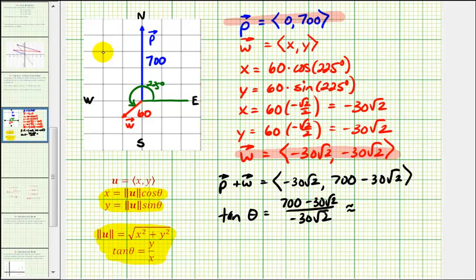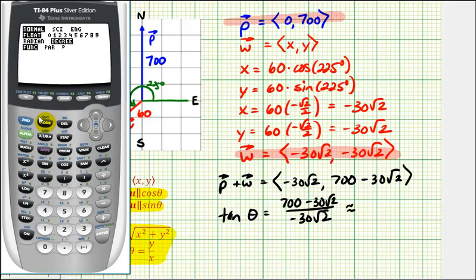Therefore, theta must also be in the second quadrant. Let's make sure we're in degree mode, which we are. So we'll press second tangent, and then the numerator is going to be 700 minus 30 square root 2. There's our numerator, divided by negative 30 square root 2.